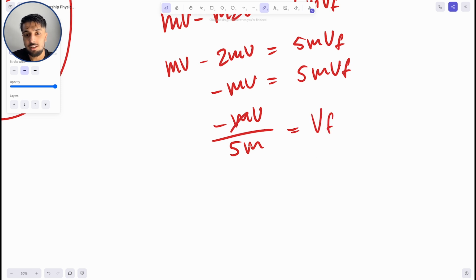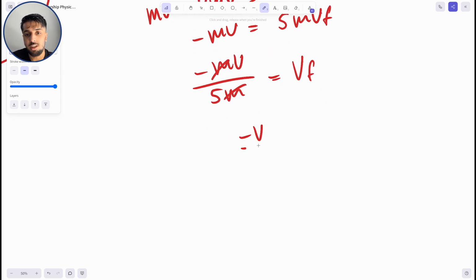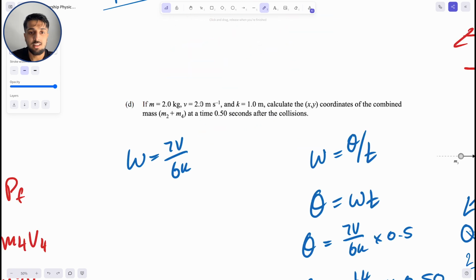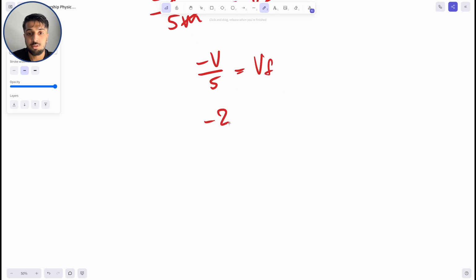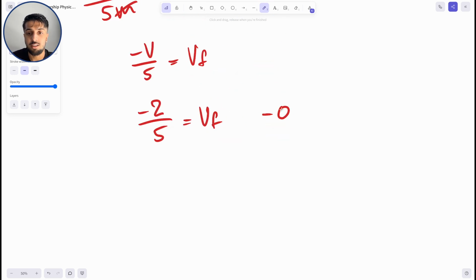We can cancel out the masses, and we get negative v over 5 is equal to vf. We know that our v is equal to 2 meters per second, so we can make that substitution. Negative 2 over 5 is equal to vf. And therefore, negative 0.4 meters per second is our vf.